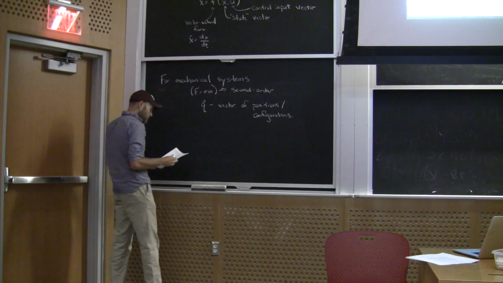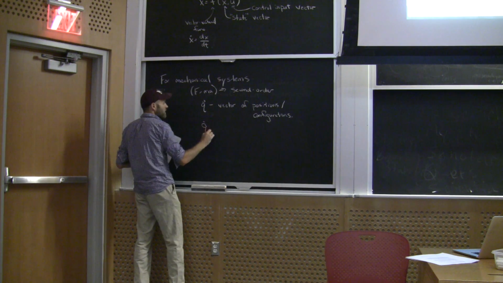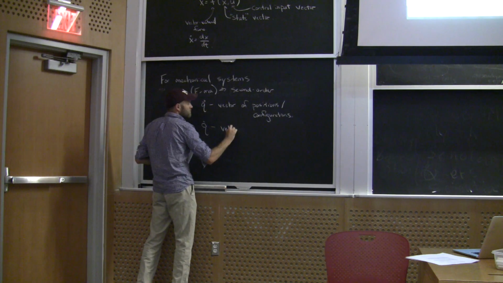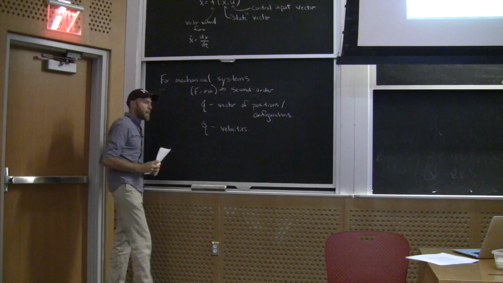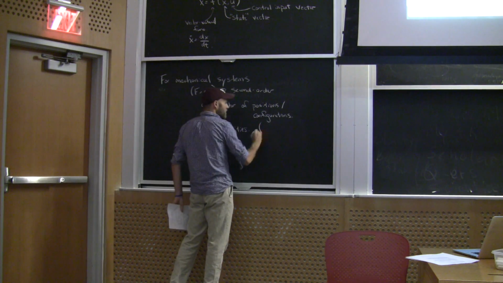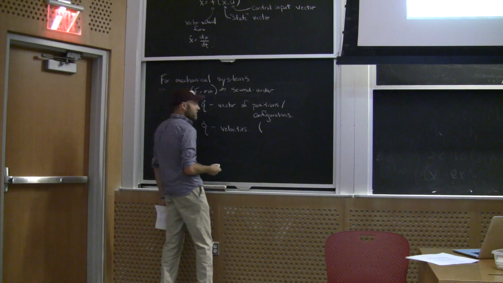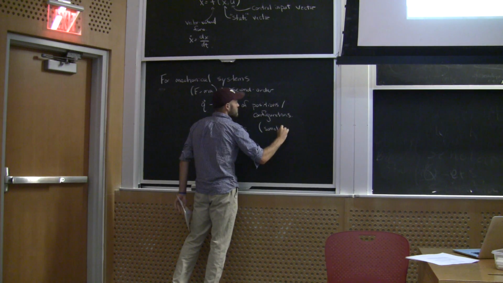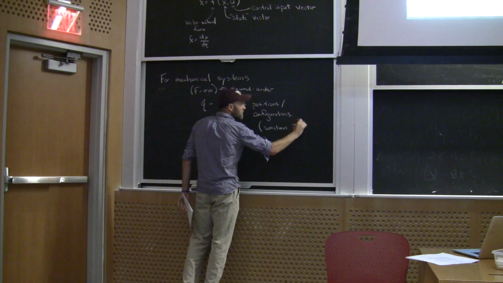Okay. We'll write Q dot as the velocities. Okay. In the code that we'll give you, you'll often see this written as v. It's a vector v instead of q dot.